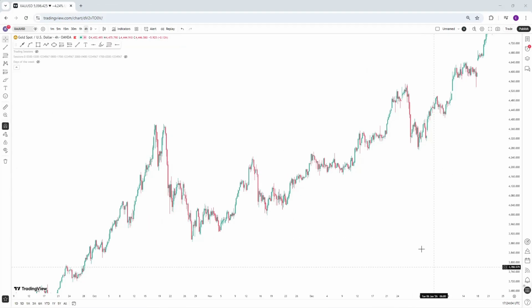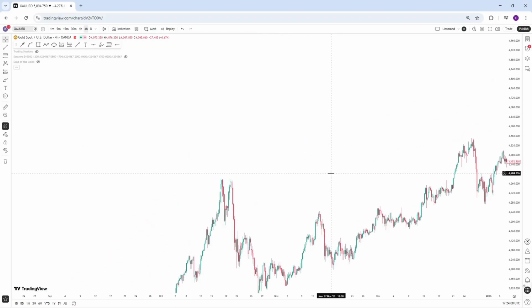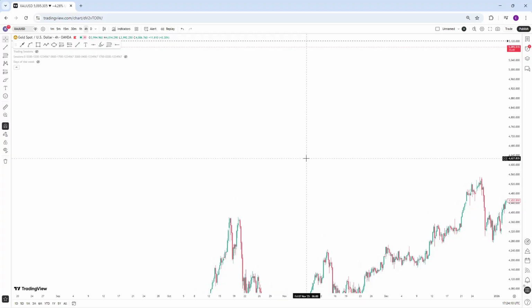Basically, ICC is just a way to trade, how you use market structure and price action in order to enter or get a position out of the market.